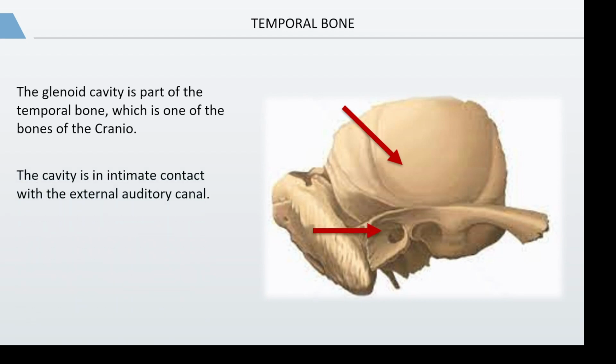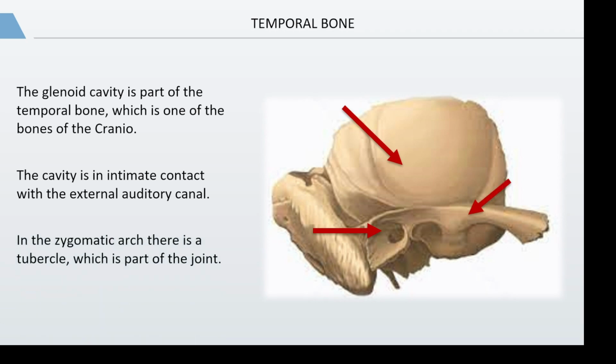The glenoid cavity is in intimate contact with the external auditory canal. That's why sometimes when we have dysfunctions, we feel that we hear less than normal. We feel that we have wax inside our ears.